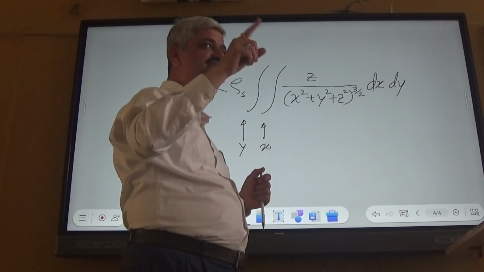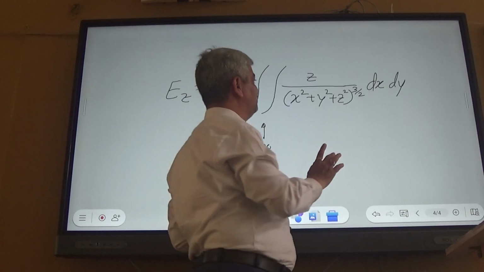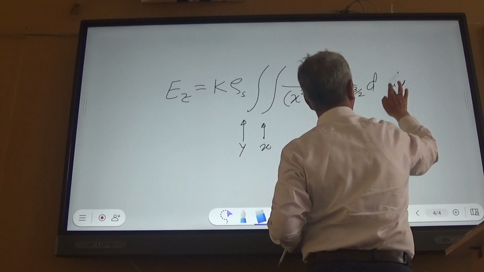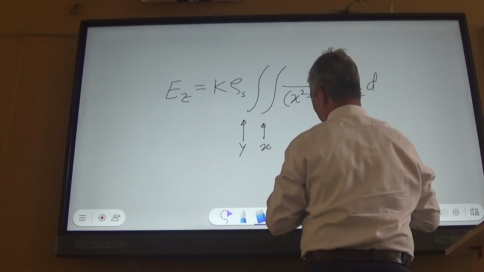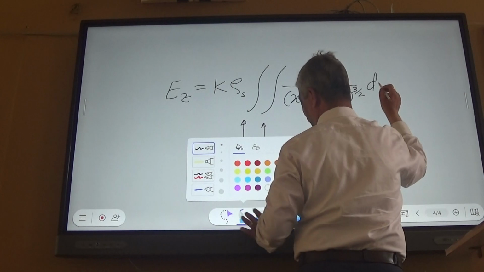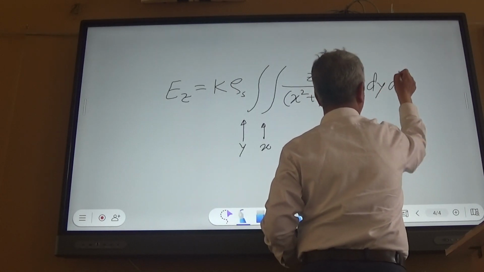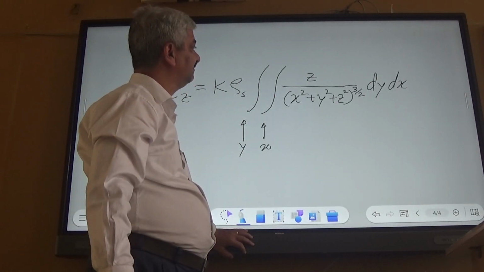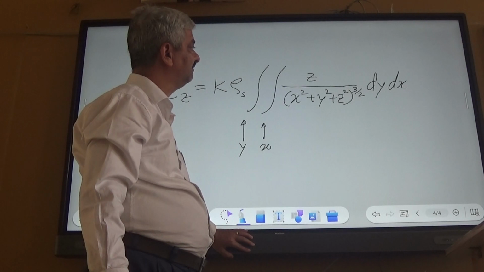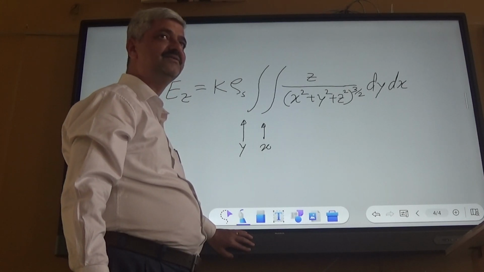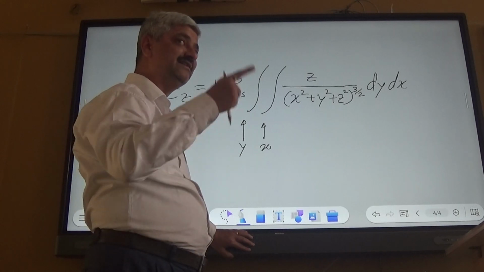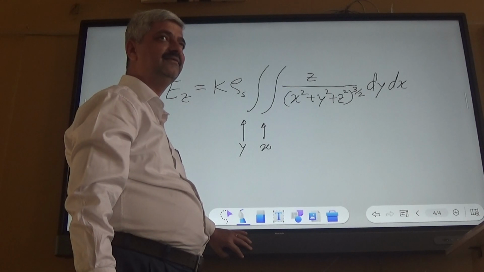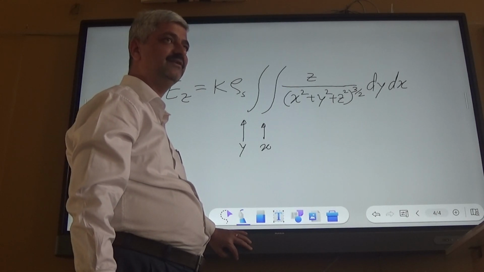I make a small change and put limits as dy and dx, which is permissible. So the outer is x, the inner is y. So how can I proceed further?